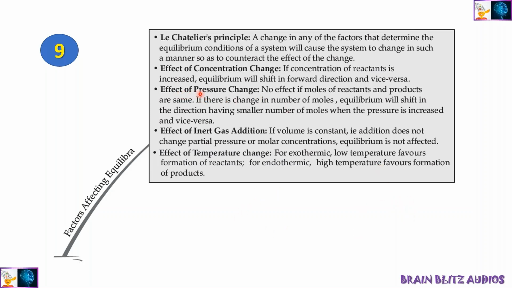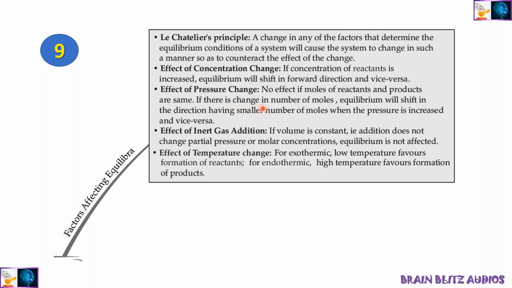The effect of pressure change is next. There is no effect of pressure change if the moles of reactants and products are the same. Suppose you put some pressure, but you still do not change the number of moles of reactants and products, then there is no effect of you putting that pressure.